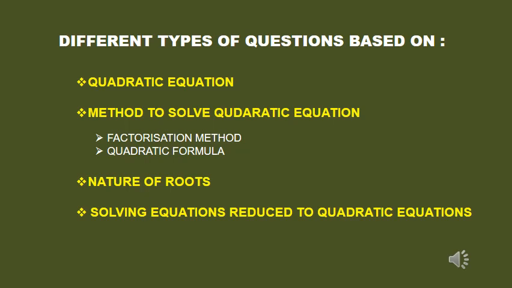If the discriminant takes different values, either greater than, less than or equal to zero, the roots of the quadratic equation change their nature. And the last one is equations which we have to reduce to quadratic equations. So let's start with the types of questions.